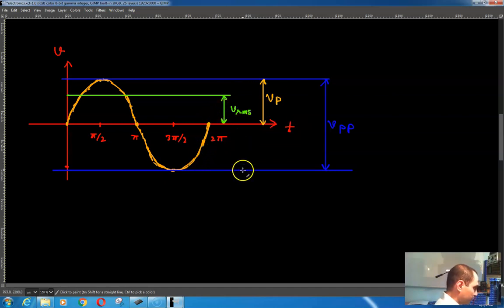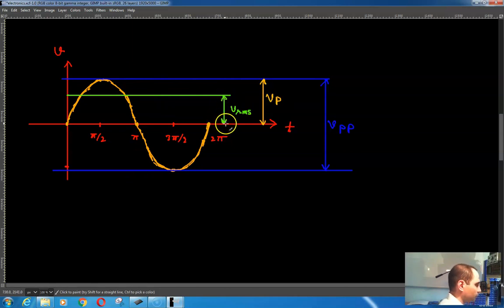Now the relationship between these voltages: at this point your voltage is 0. At this point over here your voltage is 0. At this point your voltage goes to the peak. At this point it goes to the negative peak. If you read the voltage from this peak to this peak, it's peak to peak voltage. If you read your voltage from the 0 line all the way up to any of the peaks, that's the peak voltage.